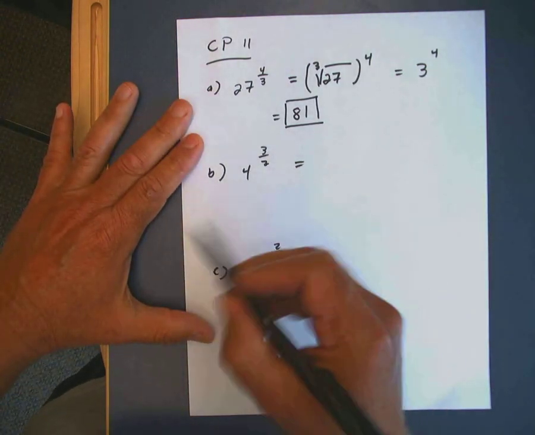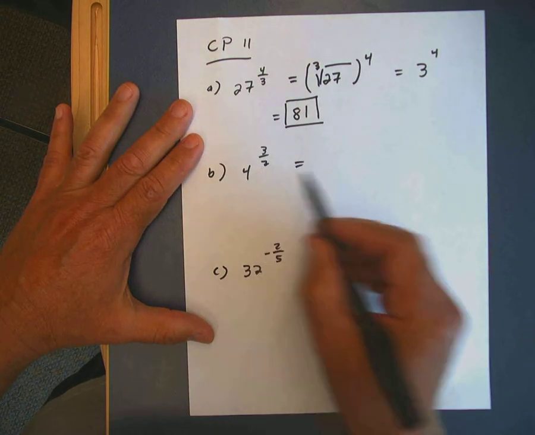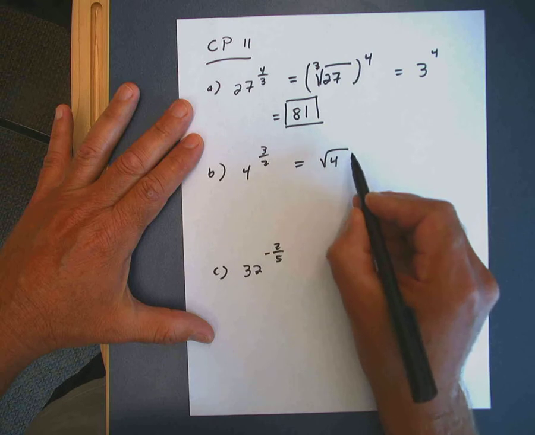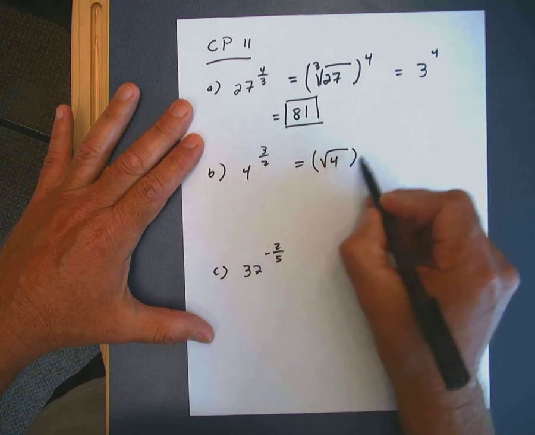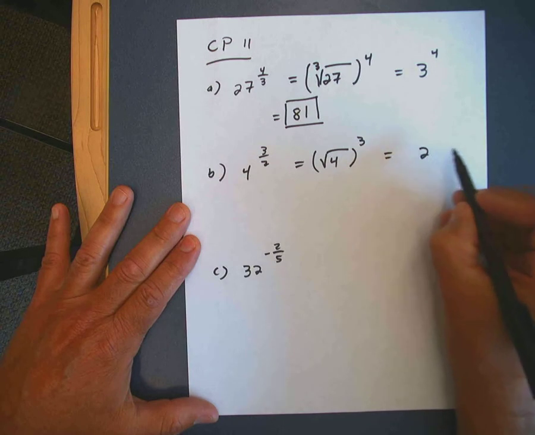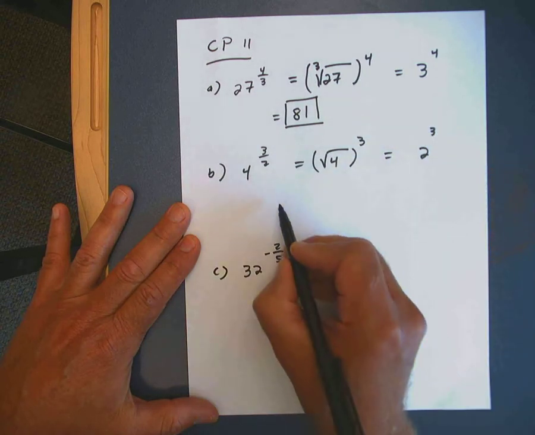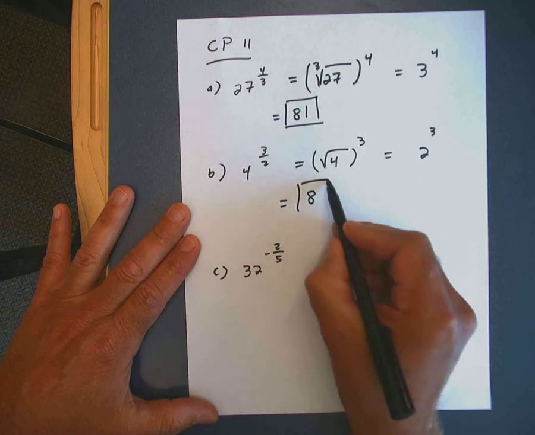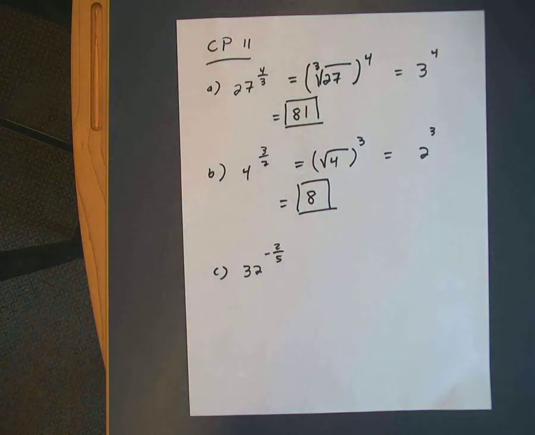We could do this easily in our head if we take 4 and take the square root and then raise that to the 3rd power. The square root of 4, as you know, is 2, so this is 2 to the 3rd power. 2 to the 3rd power is 8. So that will simplify to 8.